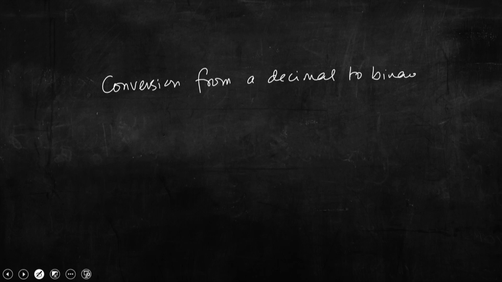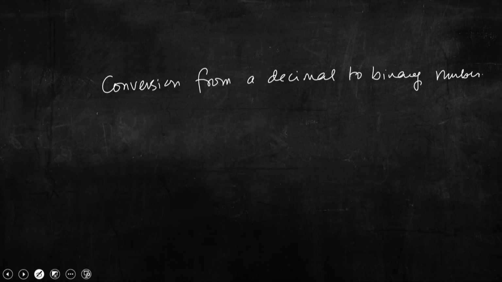So, let us take an example for the conversion of a decimal number to a binary number. Let us say 50 base 10.